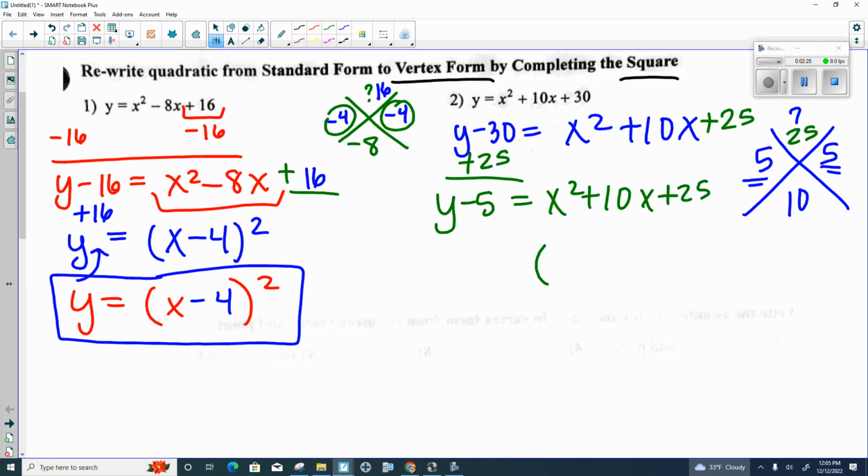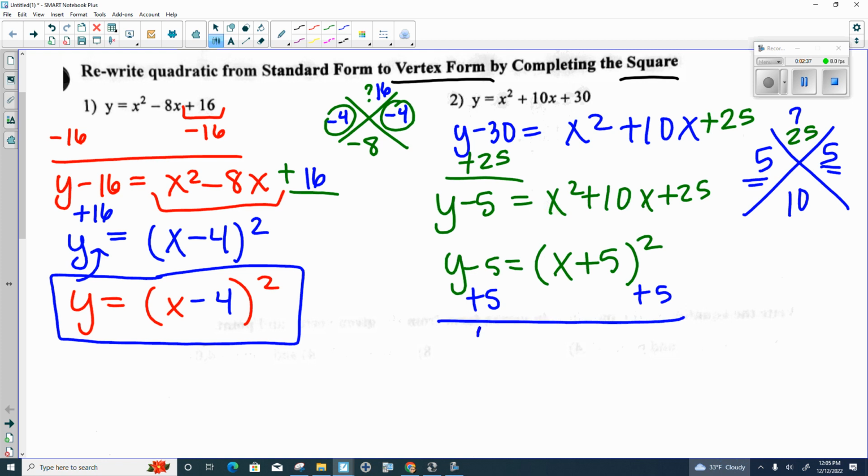I'm already ready to do it. And then I need to bring the k back to the other side. Perfect square trinomial. So that's in vertex form.